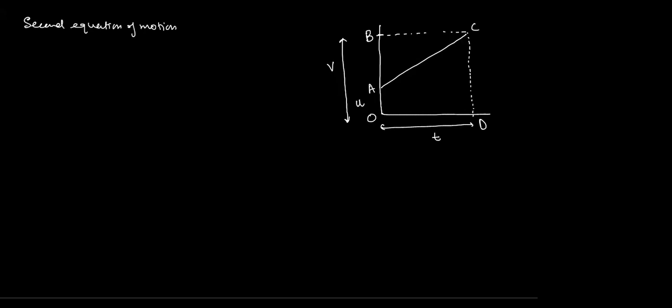What I was teaching you is that in the v-t graph, when we write v by t, the slope of the line will give you acceleration. This means that when you write v by t, the value of v by t is acceleration. But if I write v into t, then what does it give me? It gives me displacement.